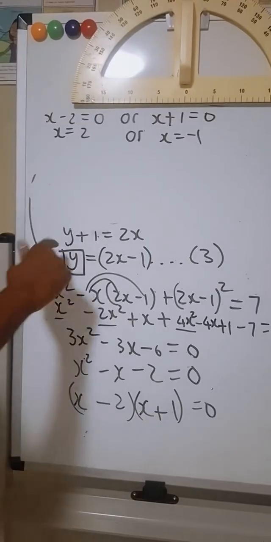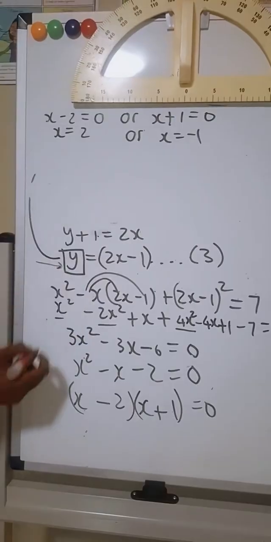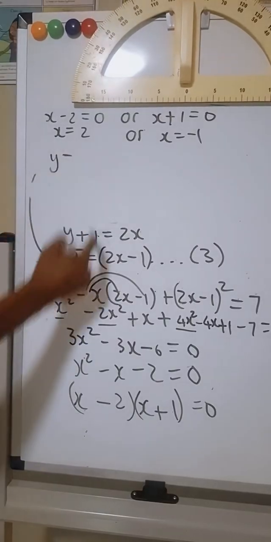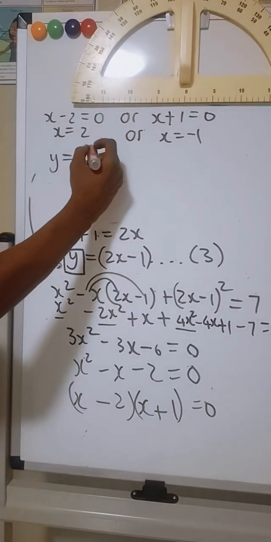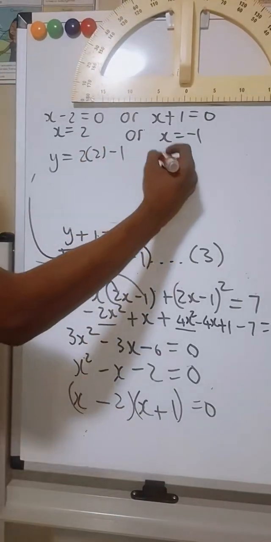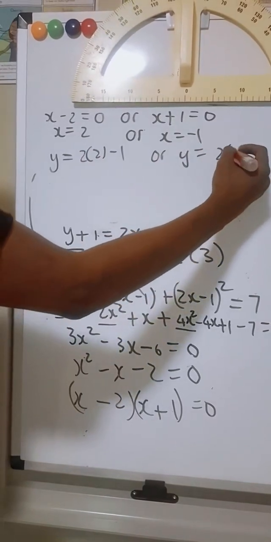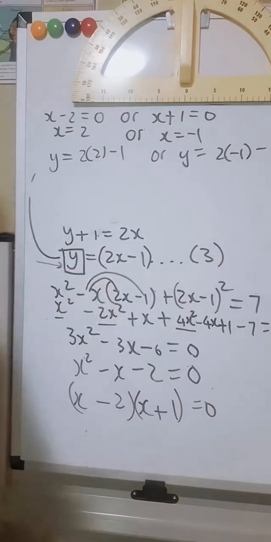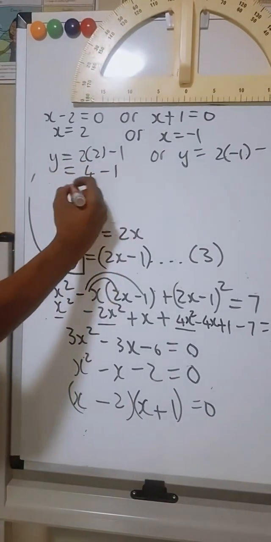Then we can now take our x values, come back to equation 3. Y is waiting for x. Y is equal to 2 into 2 minus 1, or y is equal to 2 into negative 1 minus 1. So that's 4 minus 1, which is 3.